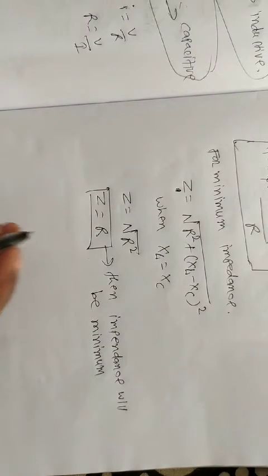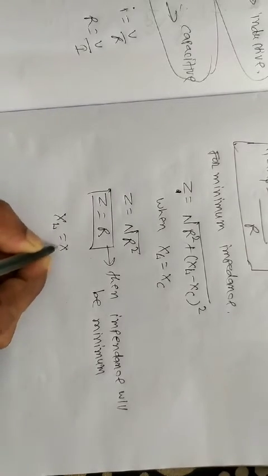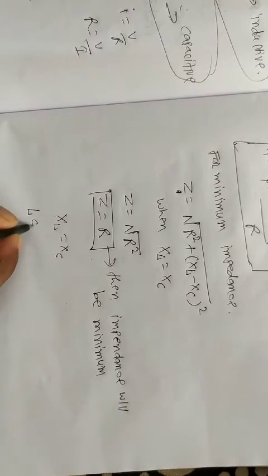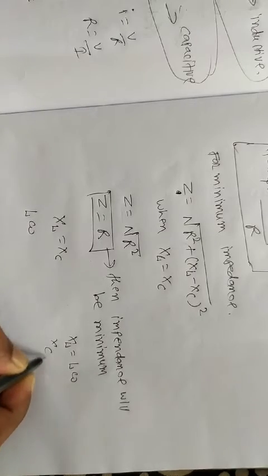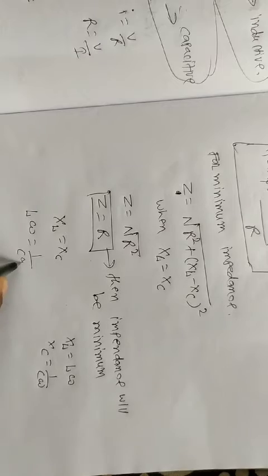Now understand it in another way. I said that when XL is equal to XC, then impedance will be minimum. We all know the XL formula is L omega, and the XC formula is 1 by C omega. So L omega will be equal to 1 by C omega.